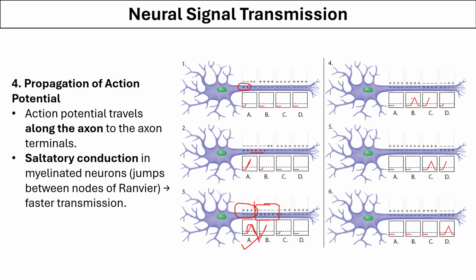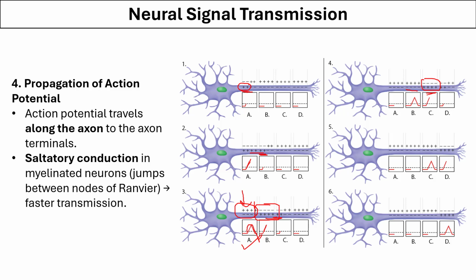Now look at area B. Now area B is inside negative again, and the next area is becoming positive. So slowly you will see that this positive charge is progressing forward, with the previous area reverting to its original situation. So it was positive here, then it became positive here, then it became positive here, this got back to original.